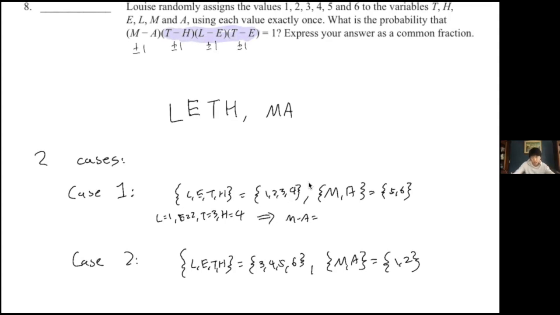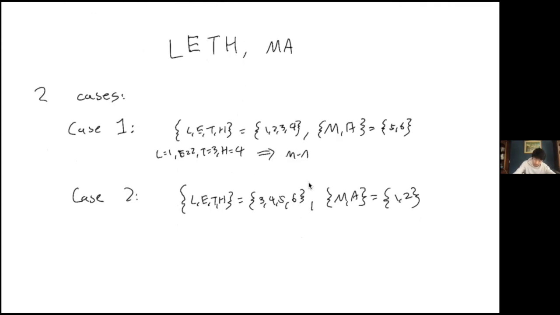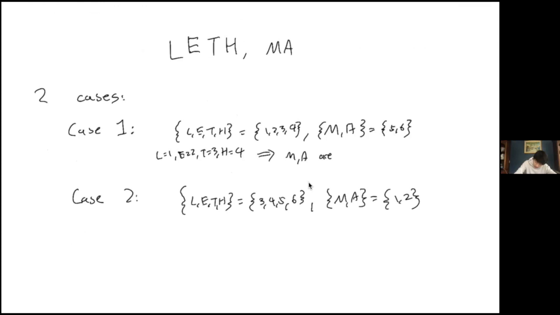So M and A are now determined. Similarly, if L equals 4, then E equals 3, T equals 2, and H equals 1, and then this once again determines M and A.